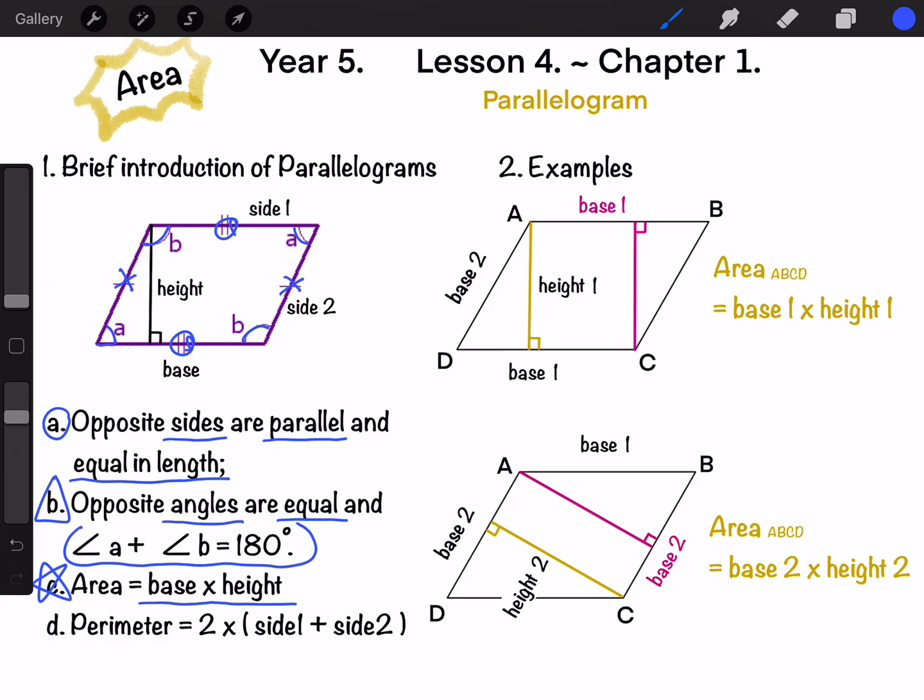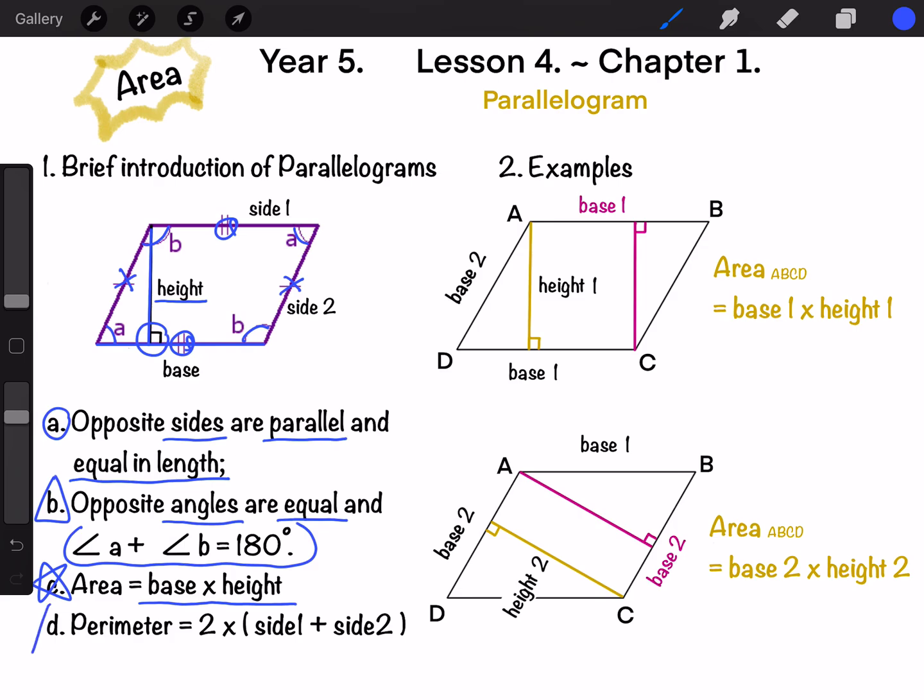If we use this side as a base, the line which crosses this base at a right angle is called the height on this base, and area of parallelogram equals a base times the height on this base. We will explain a bit more about this point later in this chapter.